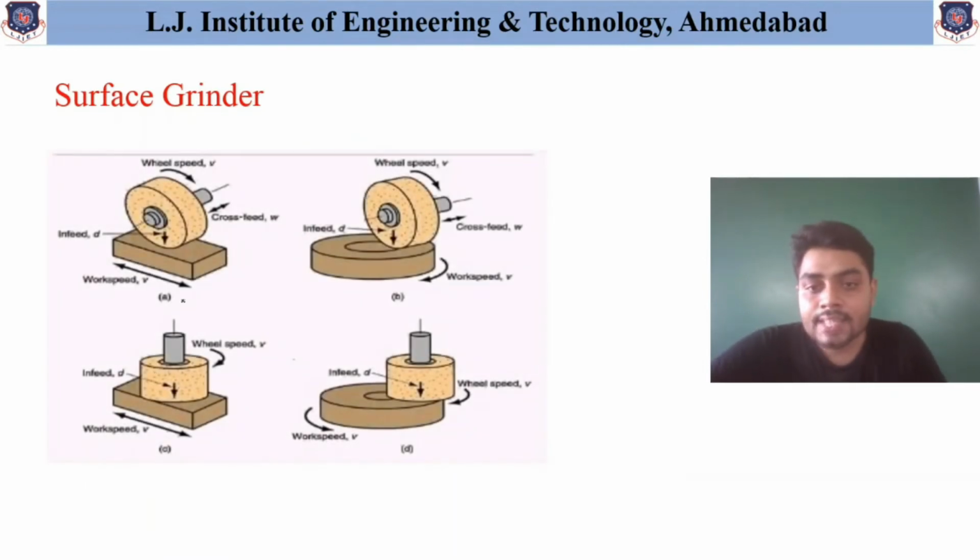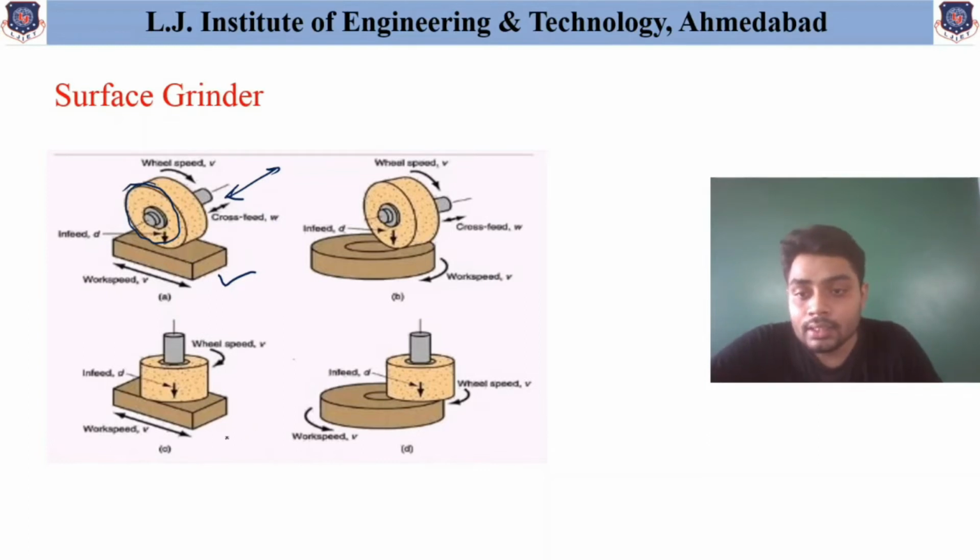As you can see, based on the shape of the component, different types of grinders are used. Let's take an example. If the shape of the component is vertical and the feed movement required is in the width direction, and the wheel is rotating, then the particular type of wheel used for finishing is shown over here.